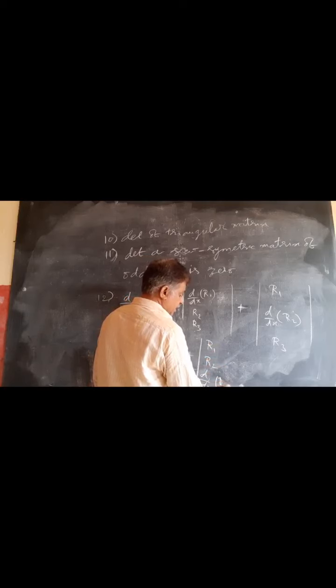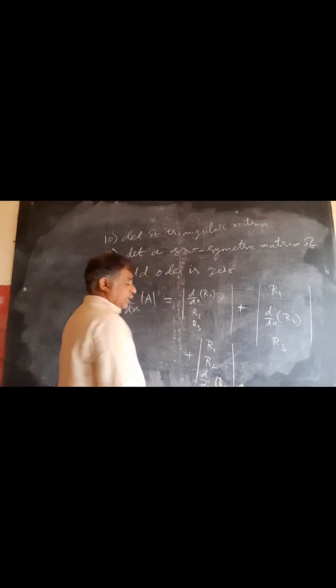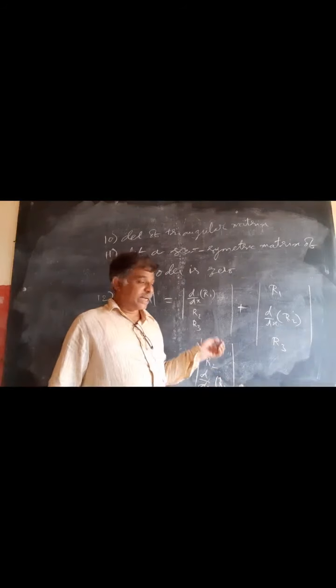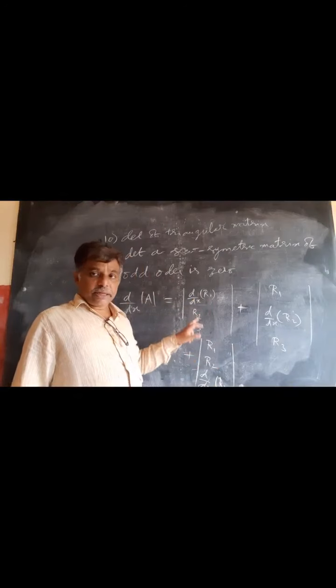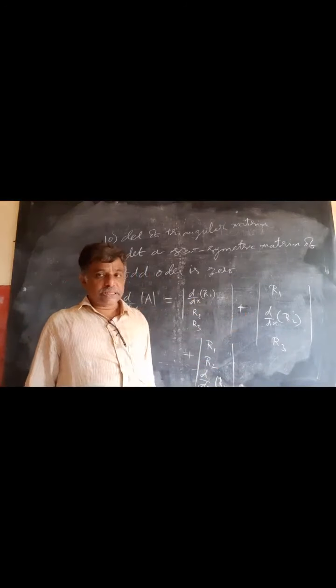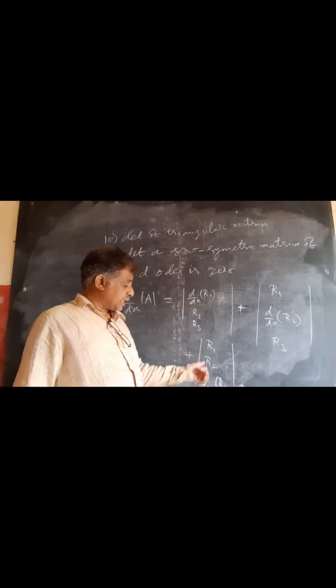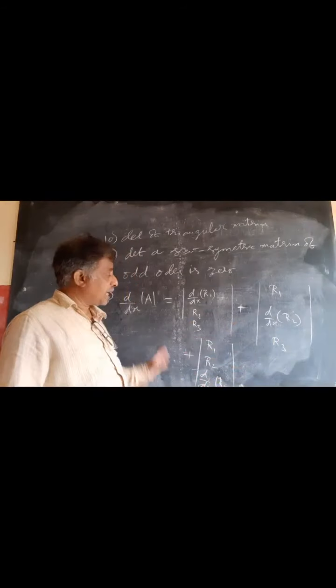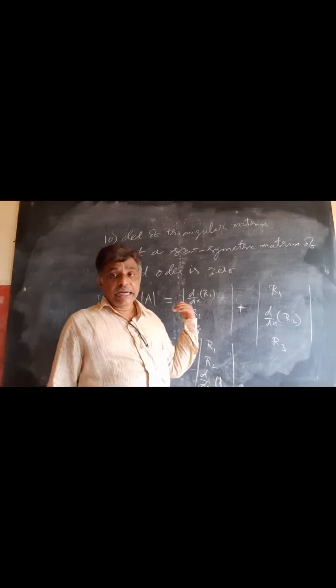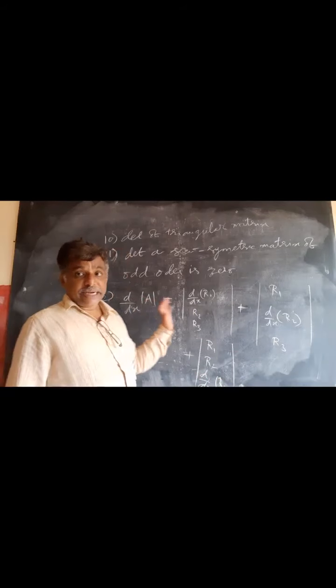Like this we find the derivative of a det by taking d by dx of first row and the remaining two rows as is, plus the others. Adding all the three gives you d by dx of det A.